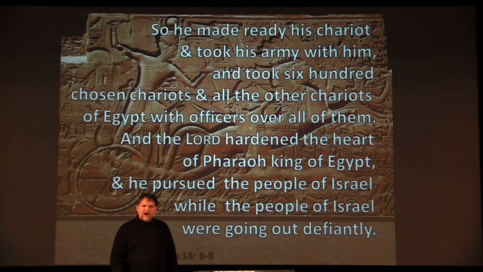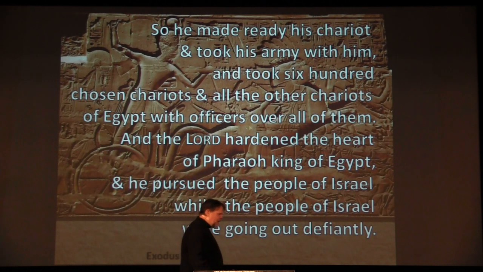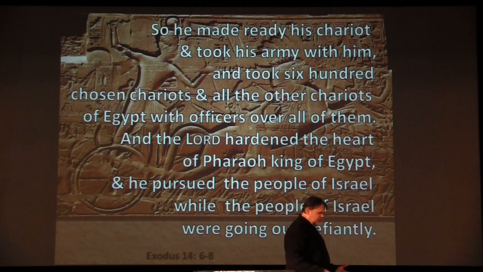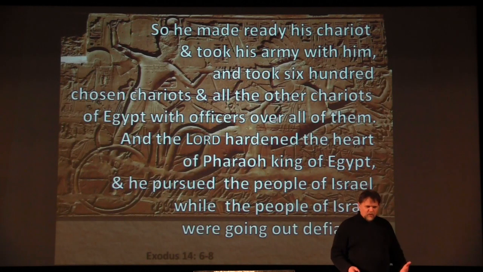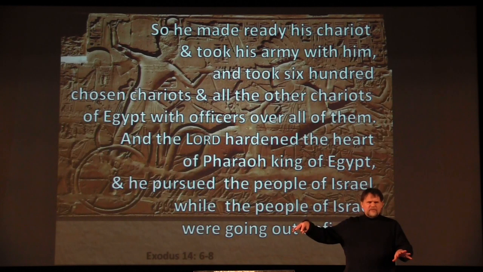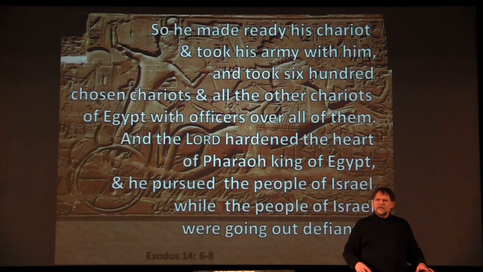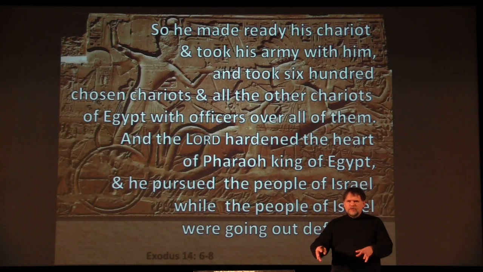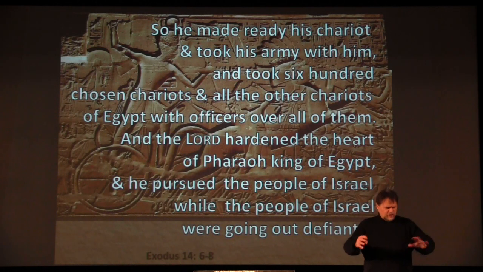I mean, you remember how the whole plagues started out, Moses comes into Pharaoh's court and he does the signs that God said, you do these first. And then the magicians and stuff of Pharaoh's court did the same. And Moses would, God through Moses would do something, and then the Pharaoh's magicians, they'd do the same.